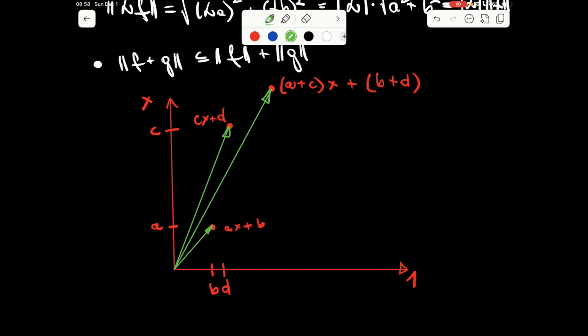Let me repeat it. The sum of the length of two vectors is at least as high as the length of the sum of the vectors. Yes, I think it's correct.